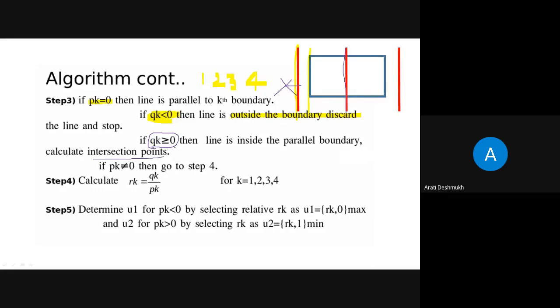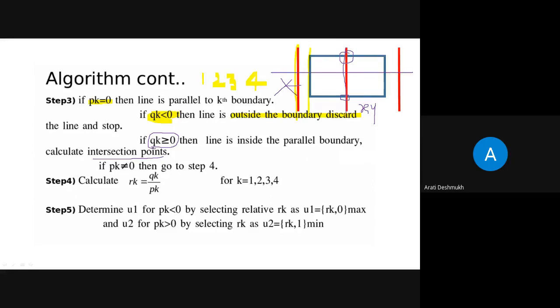How to find out the calculation? There is this point and this point. Here, if the line is like this, then either x or y will be constant, and we want to find out the other value. So here y is the constant, or x is the constant.